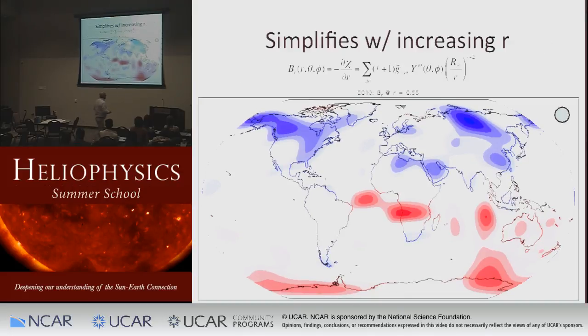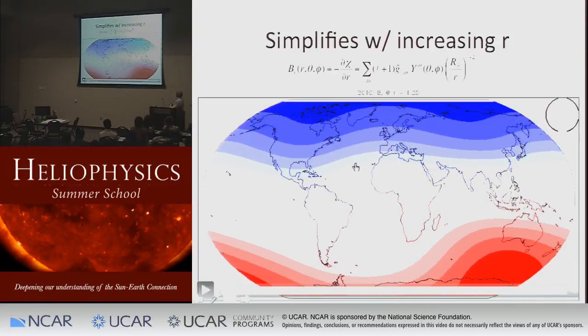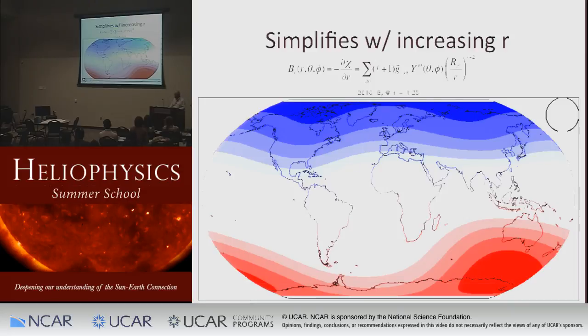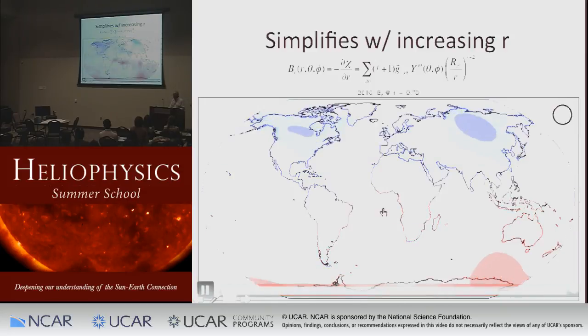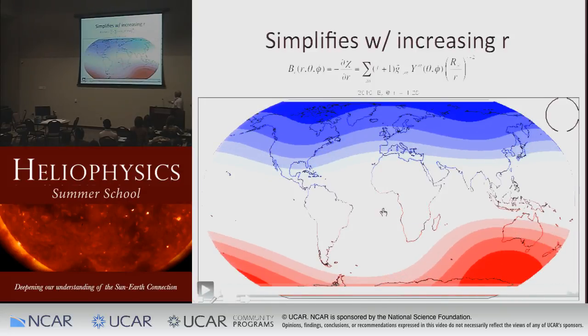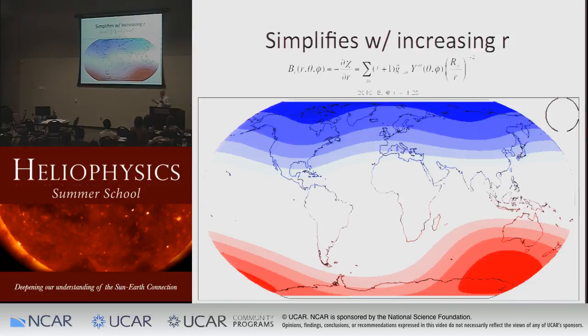So here is a cartoony depiction of the Earth. The light gray is the mantle, the dark gray is the liquid core. That shows you where we're making a map of the magnetic field. And if we move, and you'll see that black region, which is where we're plotting it, moves outward, and the magnetic field gets much simpler.